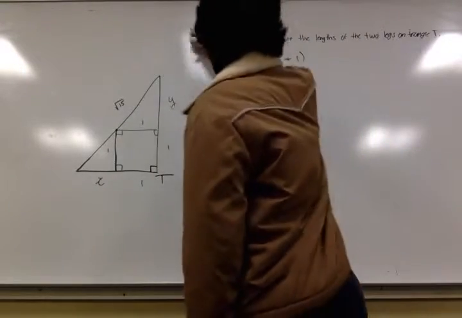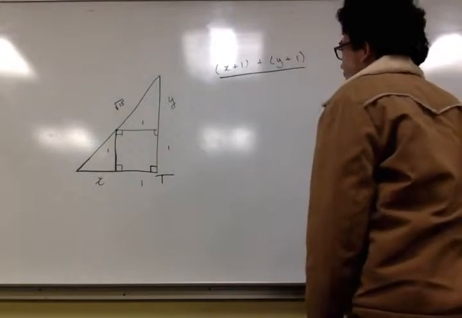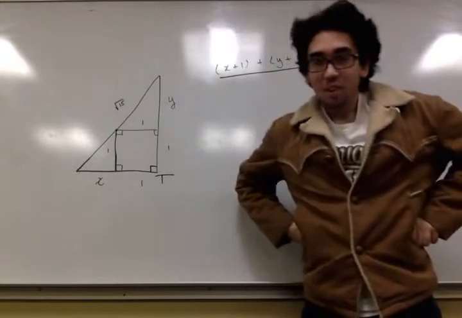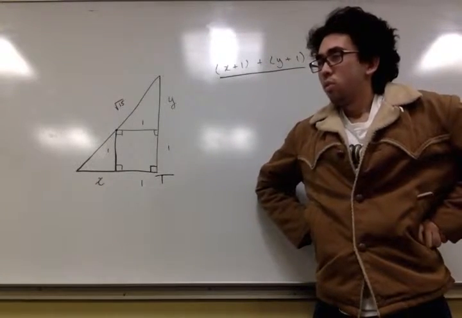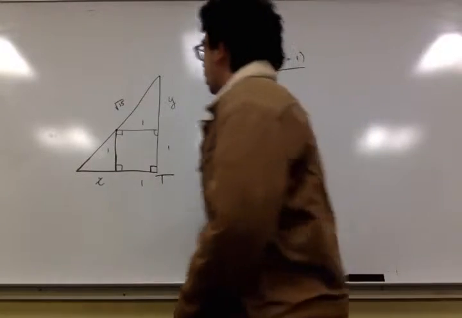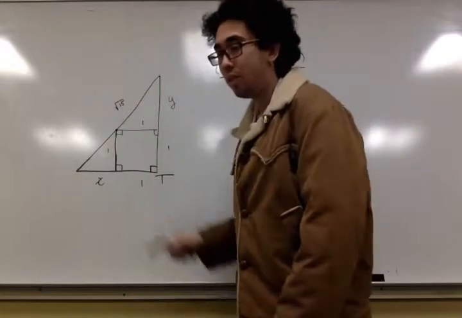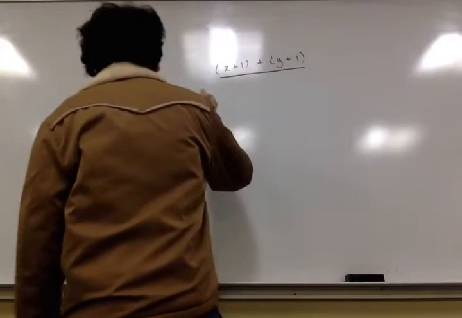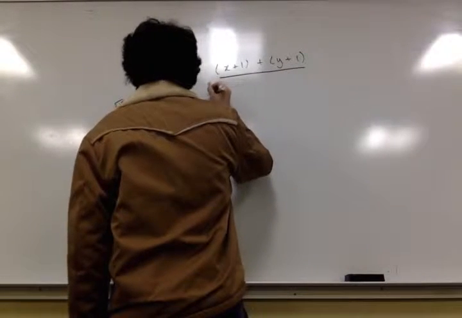Great. So now that we are done with the problem setup, let us figure out how to solve it. Right triangles and the Pythagorean theorem go together very nicely, so we're going to apply the Pythagorean theorem to this right triangle. That is usually the first step.